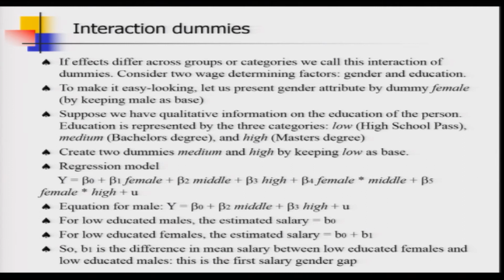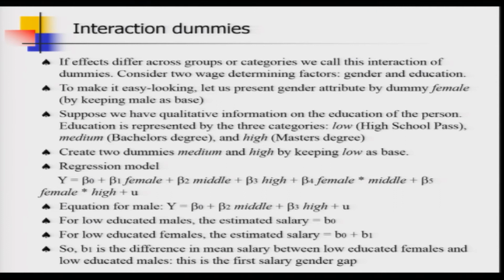As usual, I assume that the gender qualitative variable has two labels, male or female, and to make it a little easier, let us represent the gender attribute by the dummy variable female. So, male is the base category, and the dummy variable female will take value 1 if the worker is a female. Now, I have already explained that we are dealing with education as qualitative information, and that qualitative variable is represented by three categories.